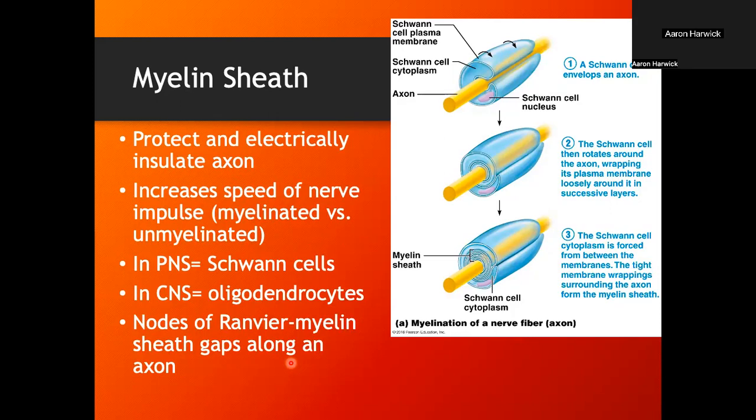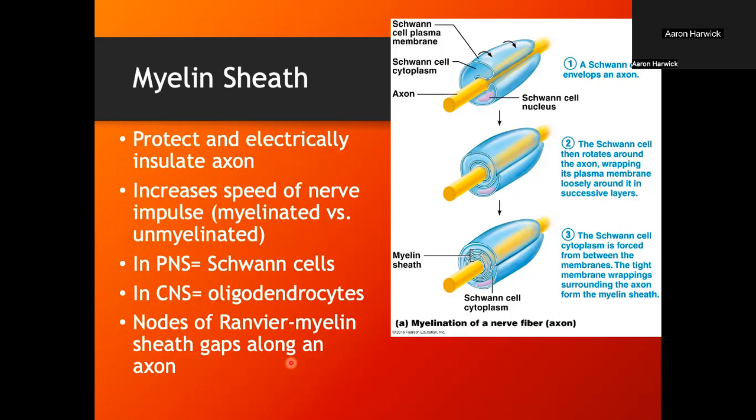This helps increase the speed of the nerve impulse. So a myelinated neuron will conduct an impulse faster than an unmyelinated one. In the peripheral nervous system, this is done by Schwann cells. And in the central nervous system, this is done by oligodendrocytes.